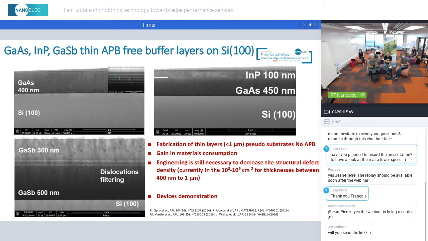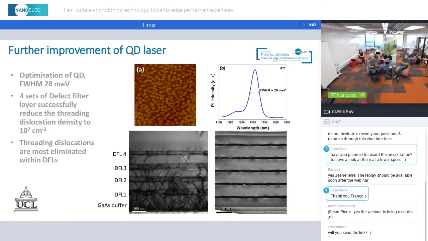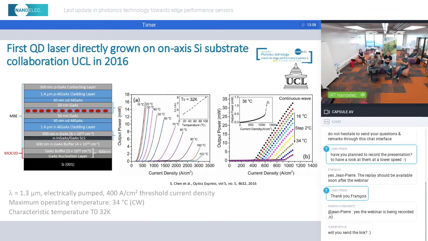So we use this platform to collaborate with other groups, for example, University College London, and we send some gallium arsenide buffer layers to our colleagues. So we form it on MOCVD, and then they grow dislocation filters and the NIP junction with the emitters, which is done with indium arsenide quantum dots.